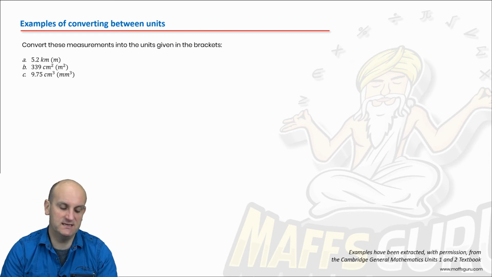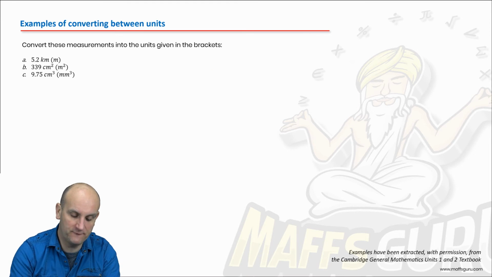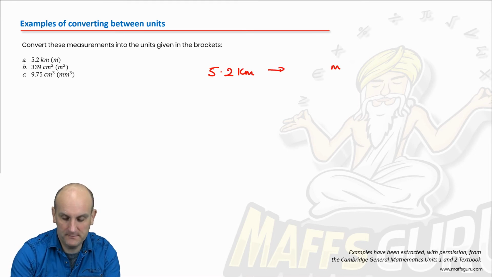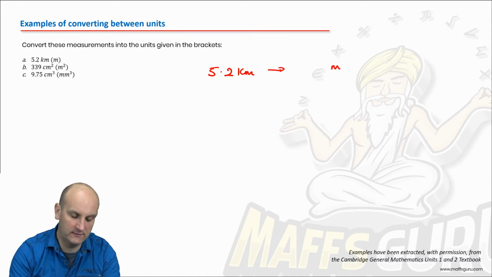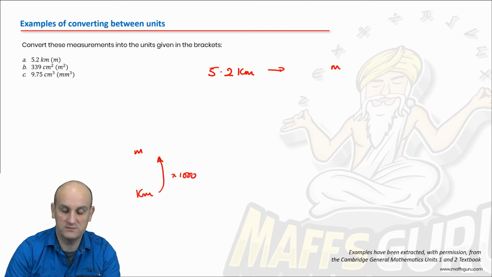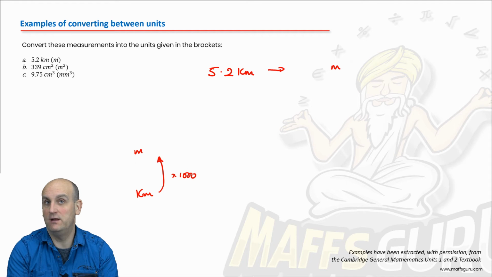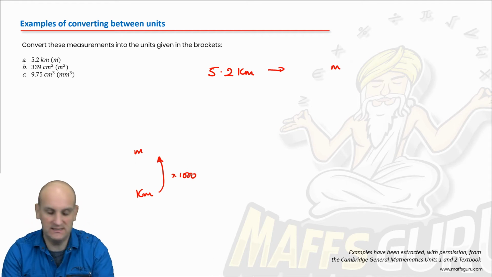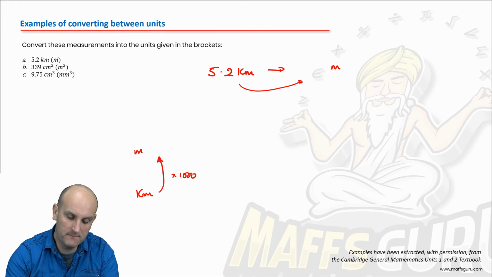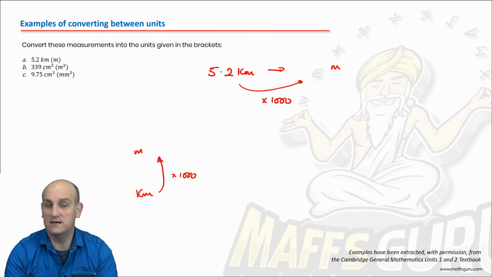So convert these measurements into the units given in brackets. So 5.2 kilometers into meters. How do we do it? So we had kilometers and we had meters, and I remember that I times it by 1,000. Is it a length, an area or a volume? Well, it's a length, so in which case I don't have to worry about any of that floaty stuff. So I'm just going to multiply that by 1,000. How?